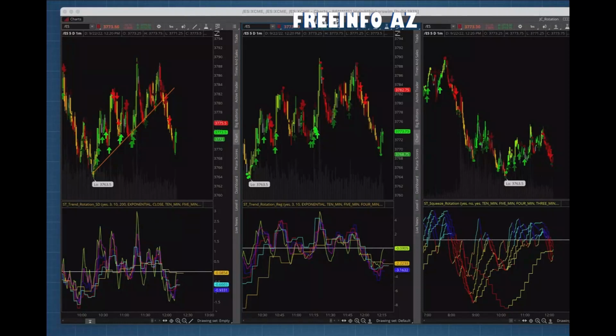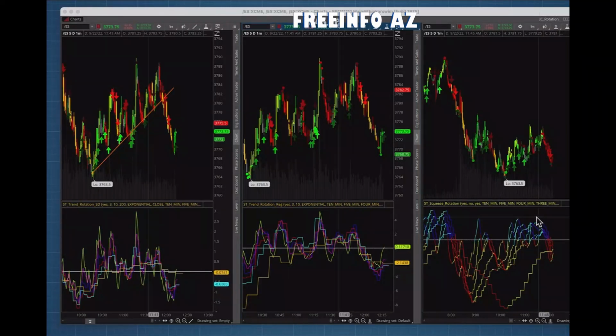If you don't know how to trade UVXY, it's a good way to lose money. Your timing has to be absolutely perfect. You might try to use this to grab a UVXY trade, but remember, UVXY is a constantly depreciating asset, so you've got to be very careful with that.